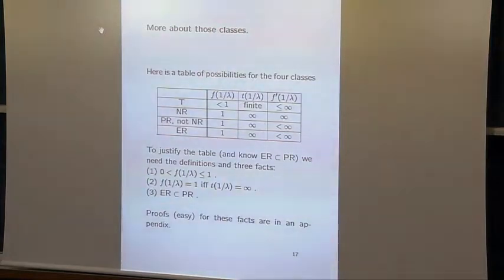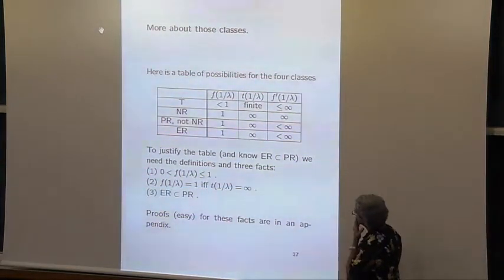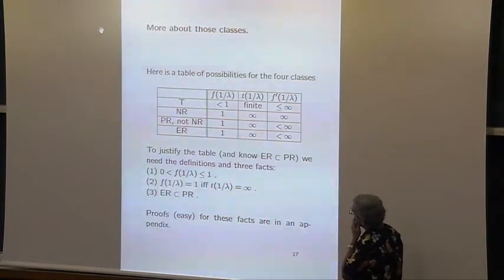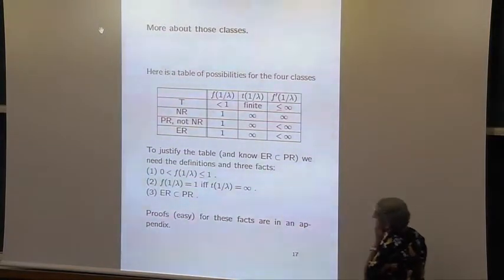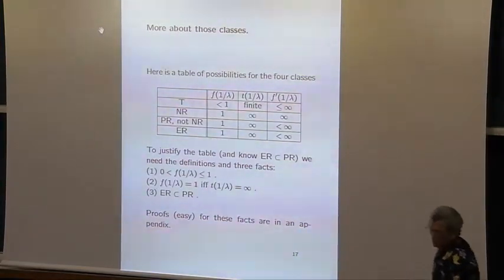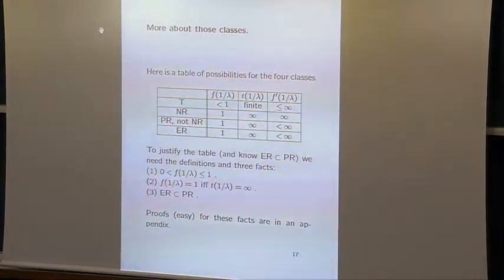All right. Now, if we look at the first column, well, actually, before I look at this column, I want to call your attention to 3 facts which we have to justify this situation.